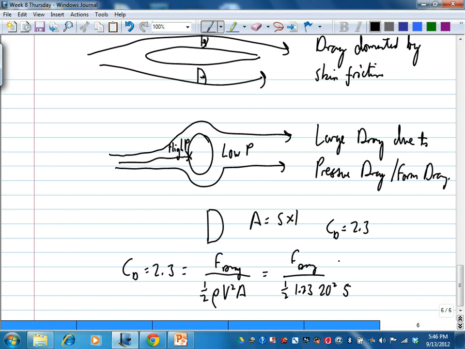Not quite fair to compare because the other one was a 5 meter square streamline. This one of 5 meter square is actually facing the flow. It is very blunt. What number do you get? You get 2,829.